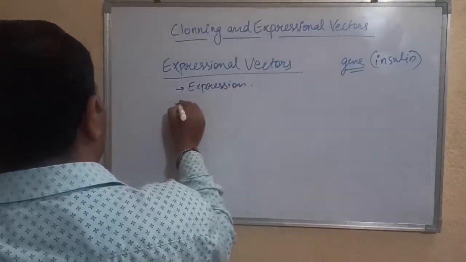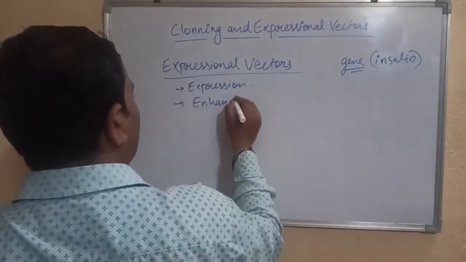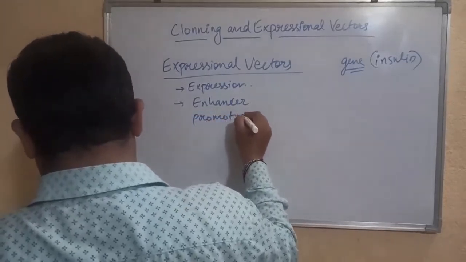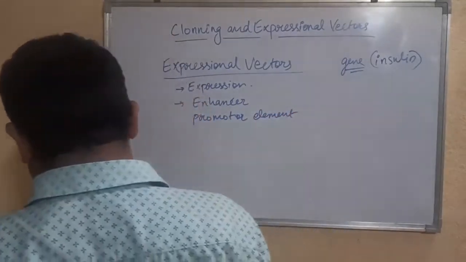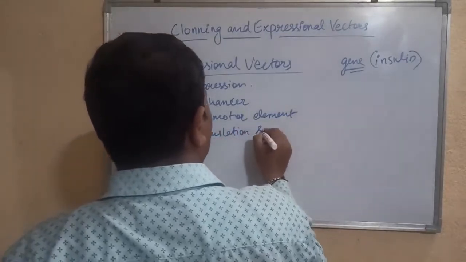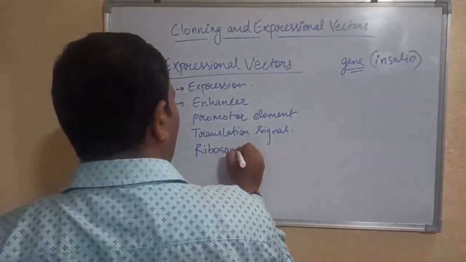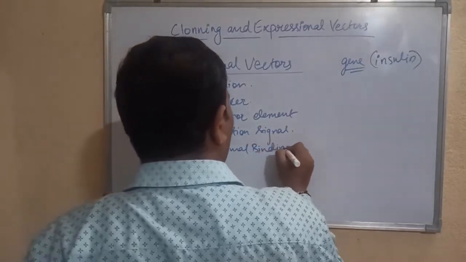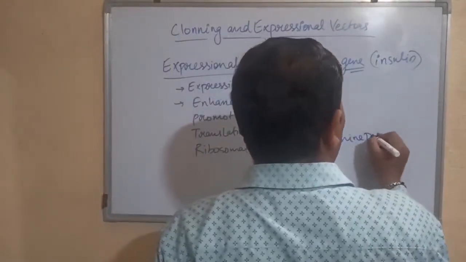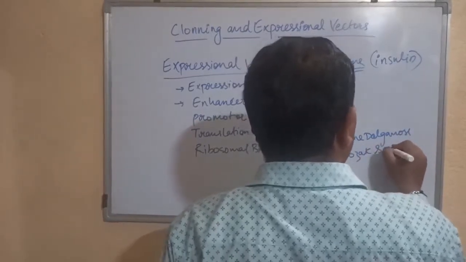The extra elements that are required here are, first of all, enhancer, then promoter element, then there is a presence of translation signal, ribosomal binding site, that is Shine-Dalgarno sequence or Kozak sequence.